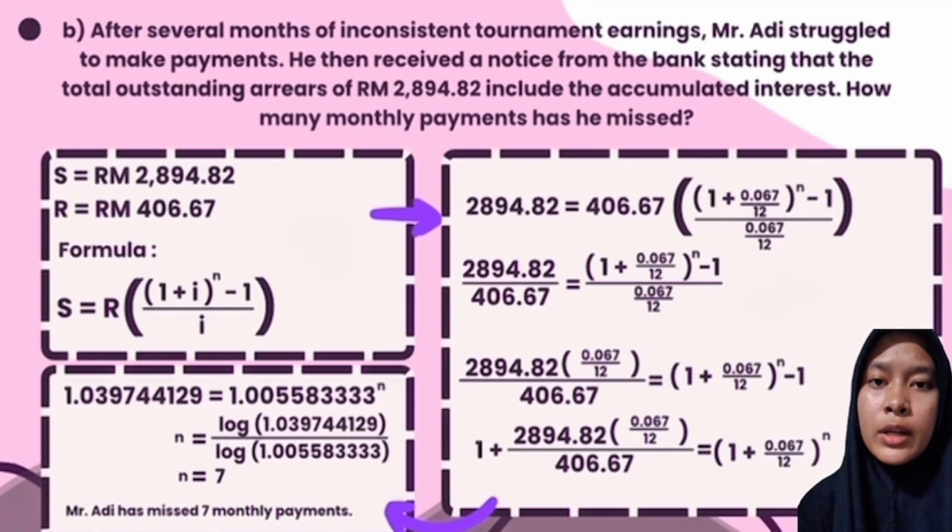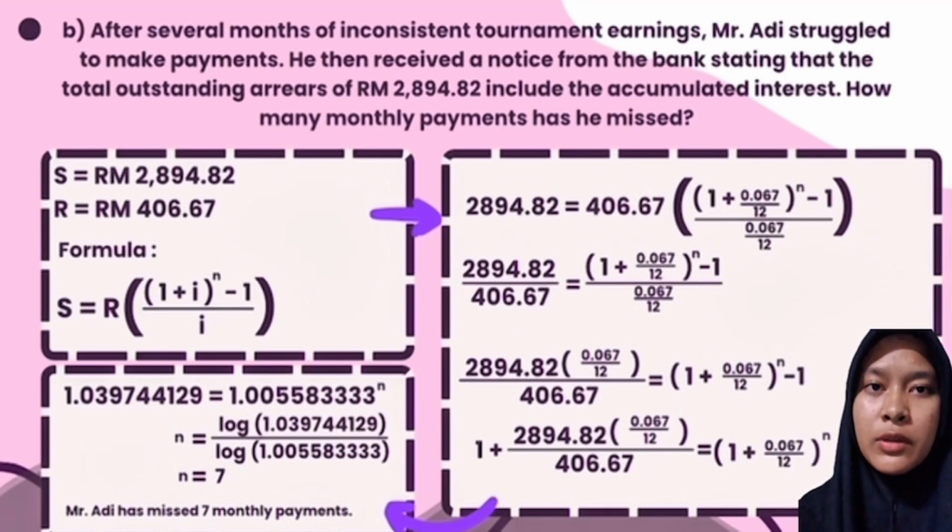Then 2,819.82 divided by 406.67 equals open bracket (1 plus 0.067 over 12) to the power of n minus 1, divided by 0.067 over 12. Then 2,819.82 times (0.067 over 12), divided by 406.67, equals (1 plus 0.067 over 12) to the power of n minus 1.